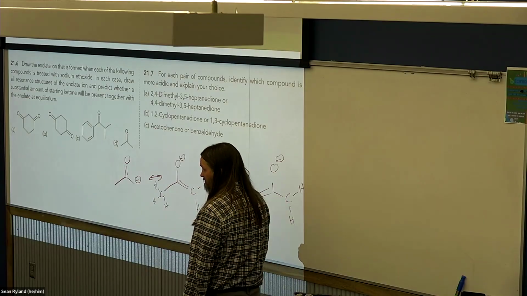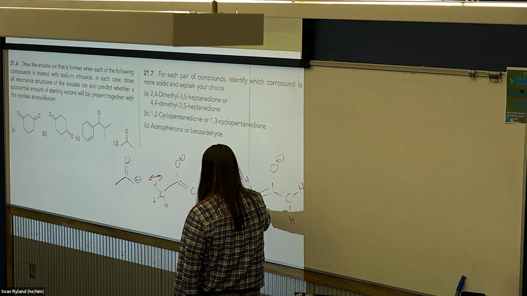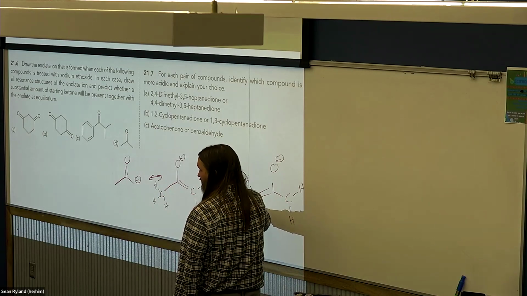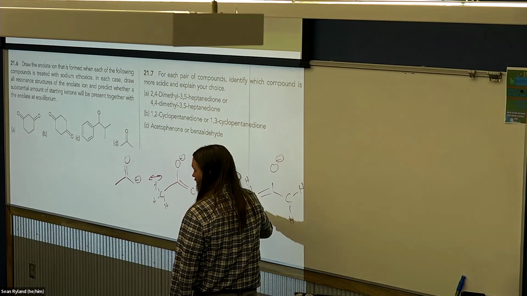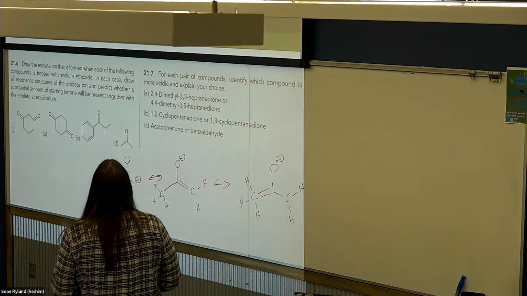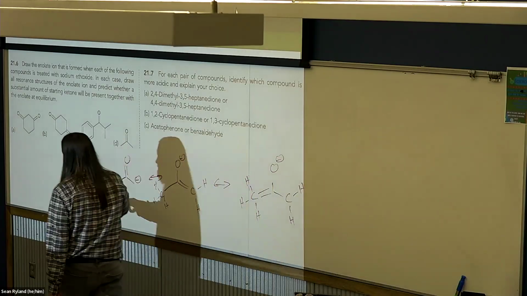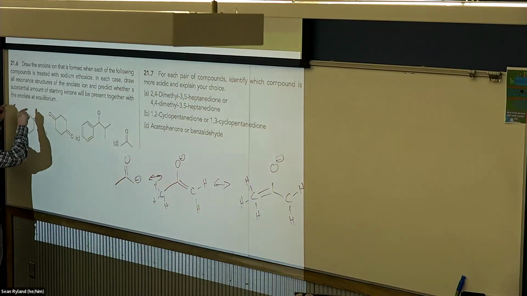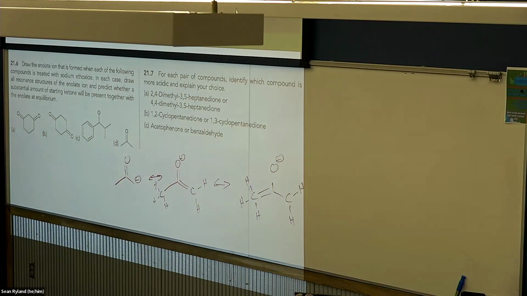Don't write this down. Because we don't like that. So no free resonance structures in this case. So what's different about A, even though it's symmetrical, is that it's lone pairs that are moving, not sigma bonds that are moving.